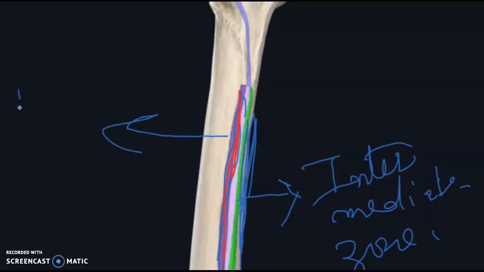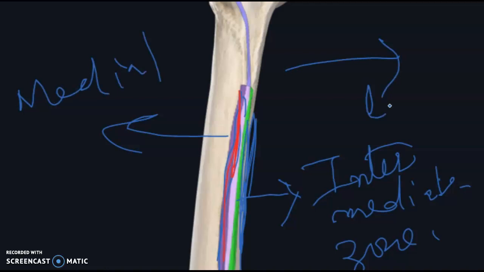That's the medial lip, and here is the lateral lip. And here you can see that the intermediate zone continues as the pectineal line.